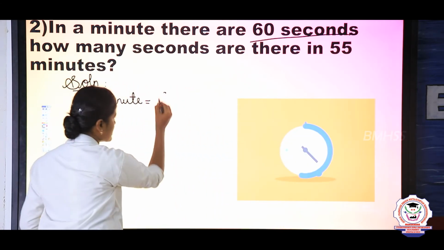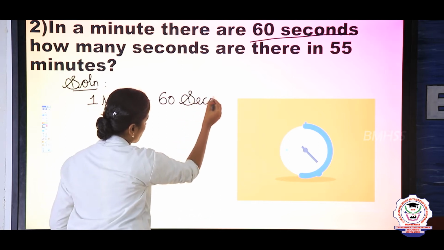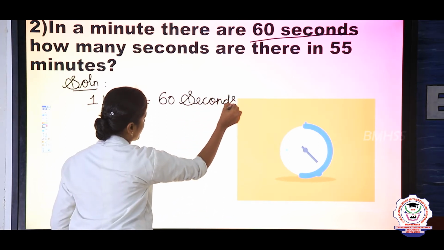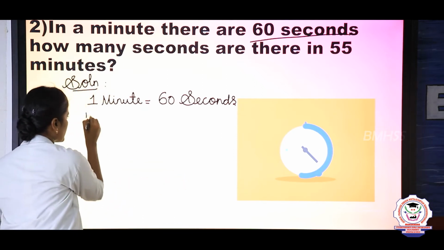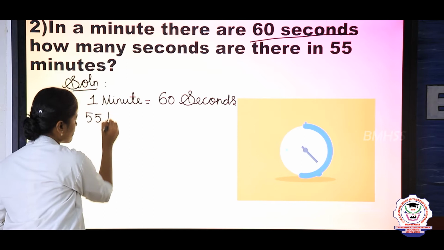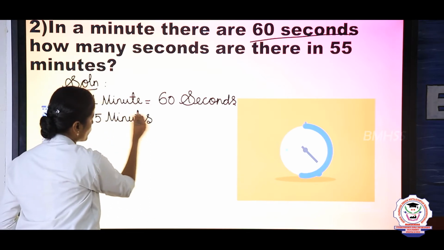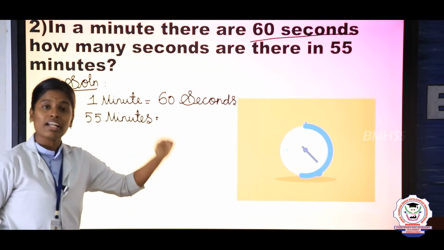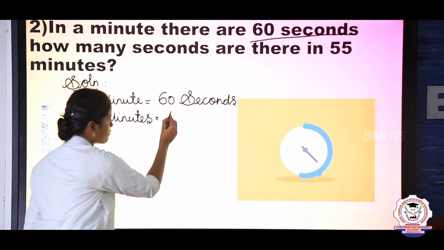So write the answer 60 seconds. Now we are going to find the 55 minutes. 55 minutes equal to, take 60 and multiply by 55.